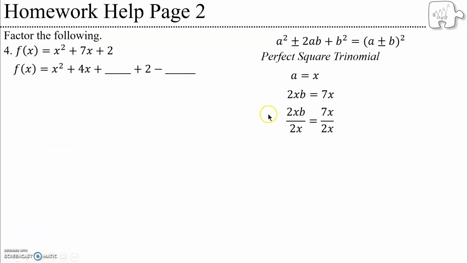We're dividing both sides by 2x to make these cancel out. The x cancels out the x, and we're left with 7 divided by 2. Half of 7 is 3.5.